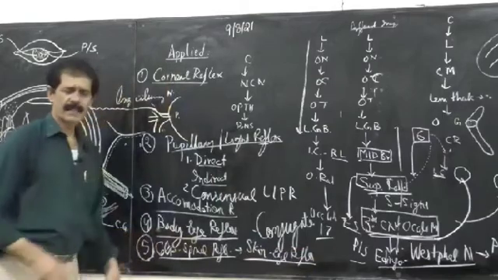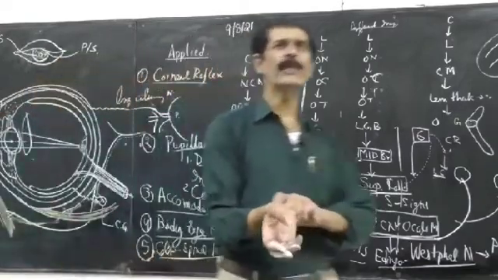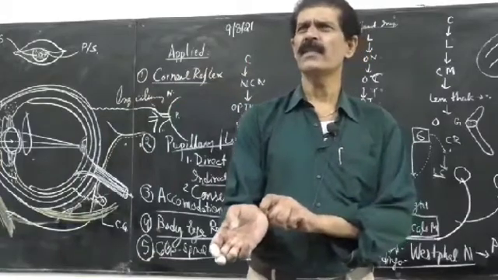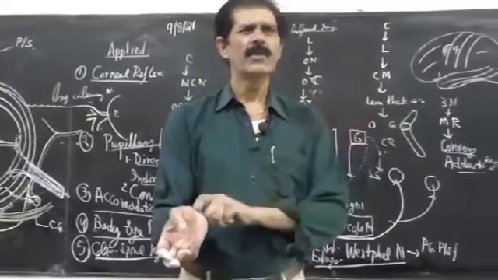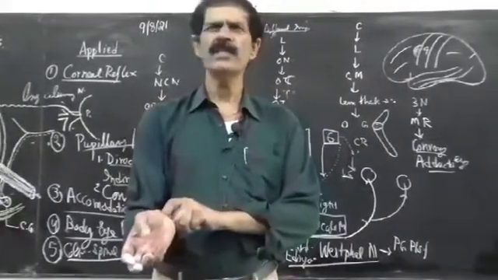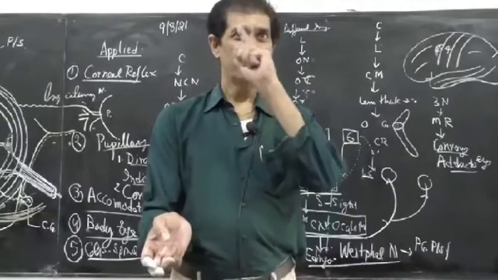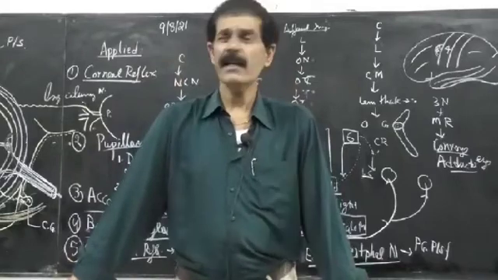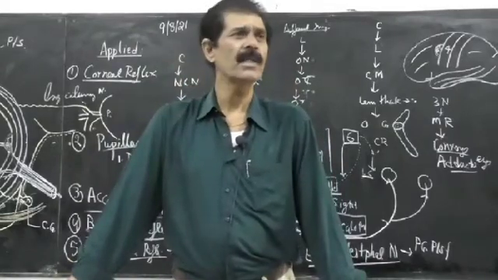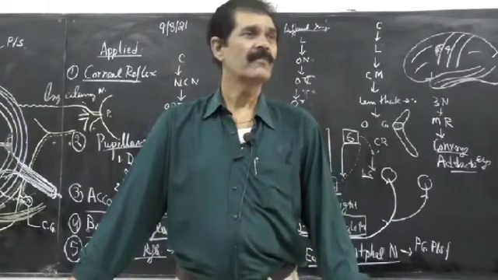Skin-eye reflex. Whenever there is a pinch, and a pinch is a very painful procedure sometimes if your nails are very sharp, whenever the skin is pinched painfully, what happens? The pupil dilates as the response to the painful stimulus to the skin of the upper limb or upper part of the body.